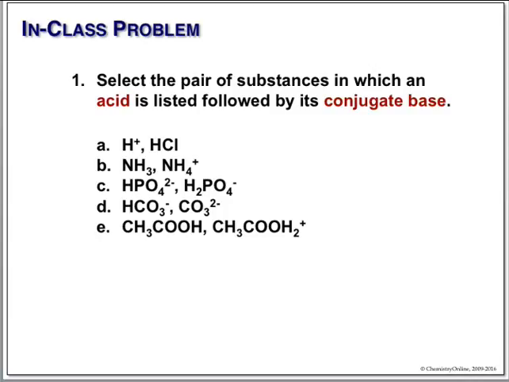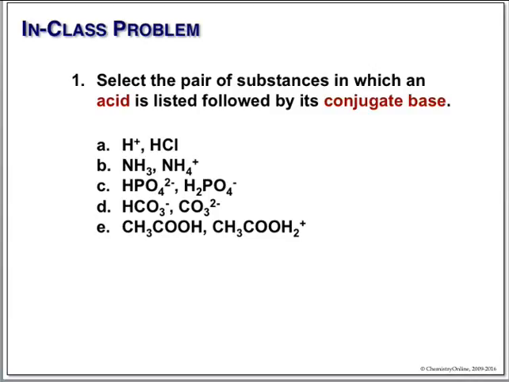Remember, acid is a proton donor. The conjugate base must be the same compound, just missing a hydrogen and one more negative charge. H plus is an acid, but HCl does not have one less proton and one more negative charge, does it?